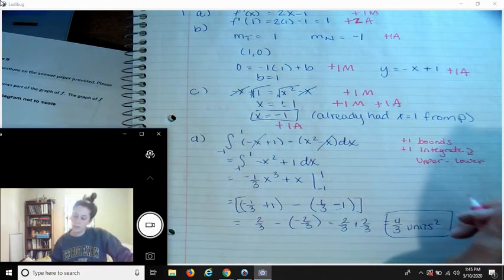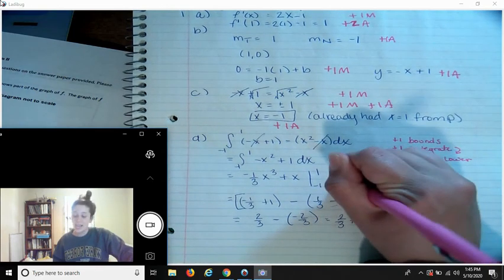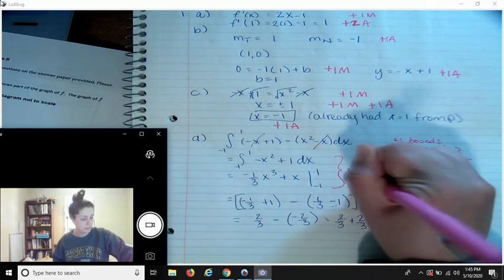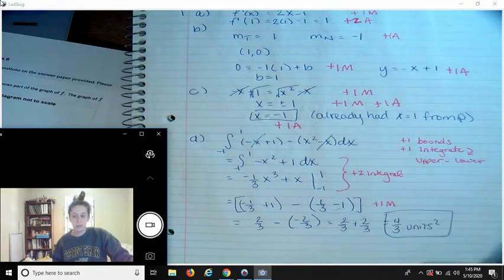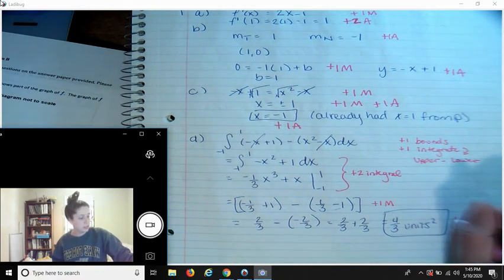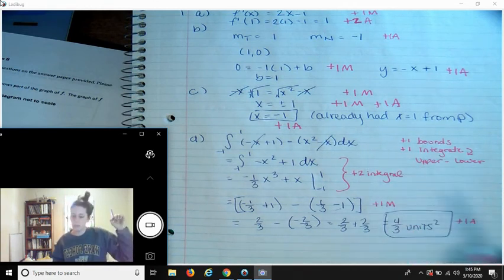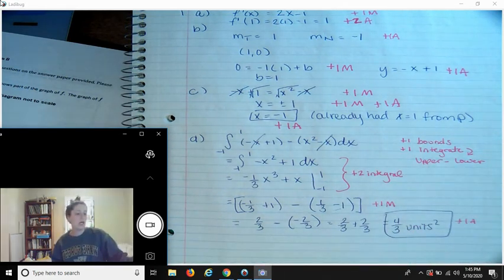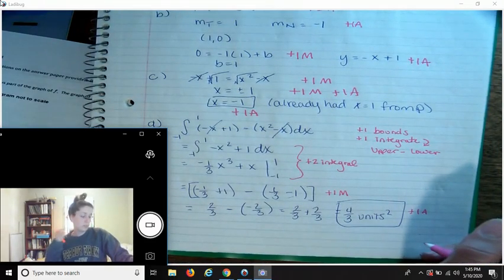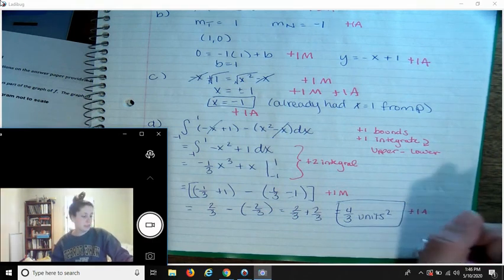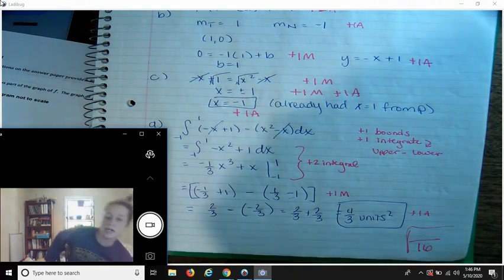You get plus 2 for having this correct integral and integrating right. Plus 1 for this method of subbing in values, and plus 1 for this answer. So this gives me 1, 2, 3, 4, 5, 6, which is the total number of marks for part D, and the total for number 1, section B, paper 1, was 16 marks in total. Okay, so that's that one. Let's do the next one.